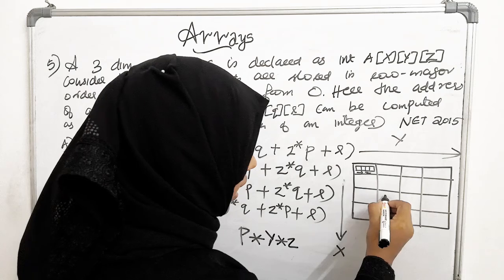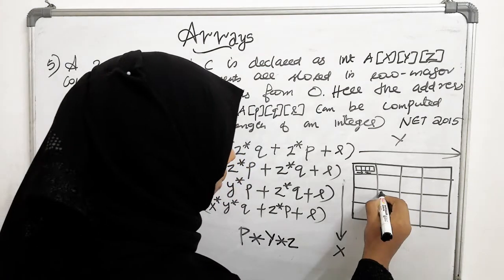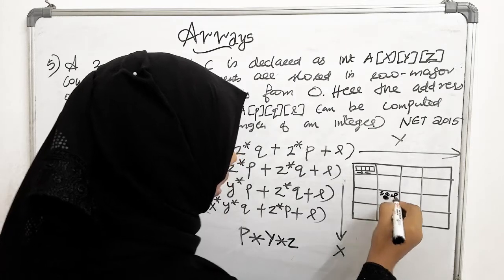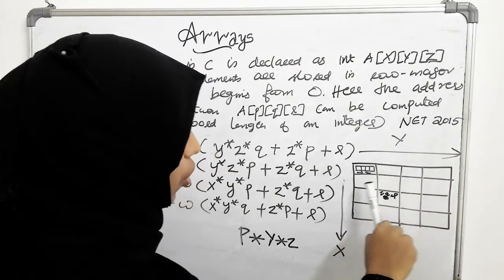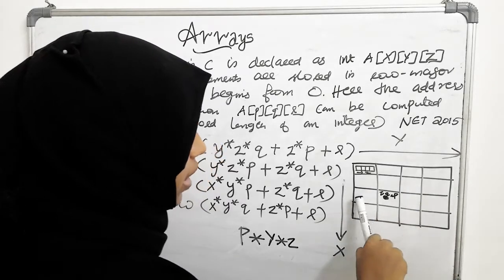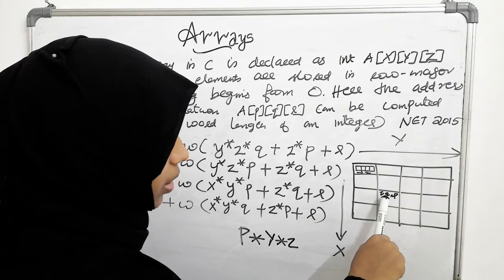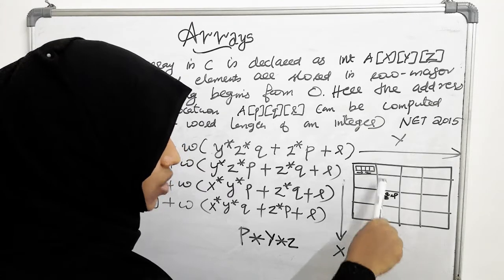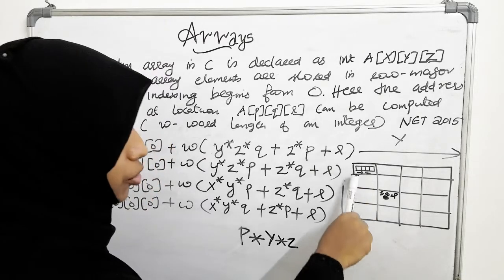For example, if you are accessing the element here, this is the element at the index p, q and r. To get this element, you have to read this complete row, and this complete row, then you have to come to this position. So these p rows should be read.